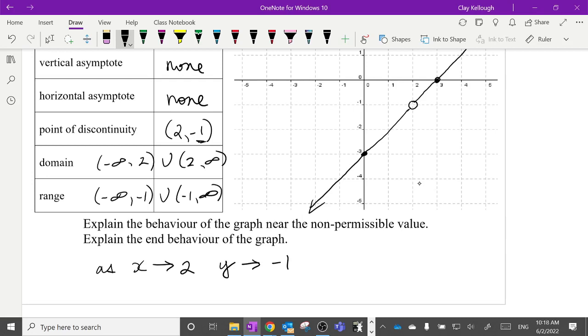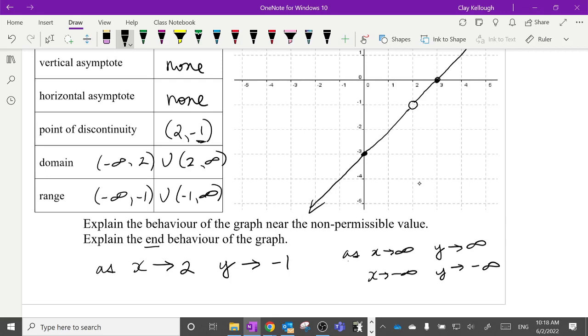The end behavior of the graph: as x approaches positive infinity, so does y, right? As x goes up forever, y goes up forever. And as x goes down forever, y goes down forever.